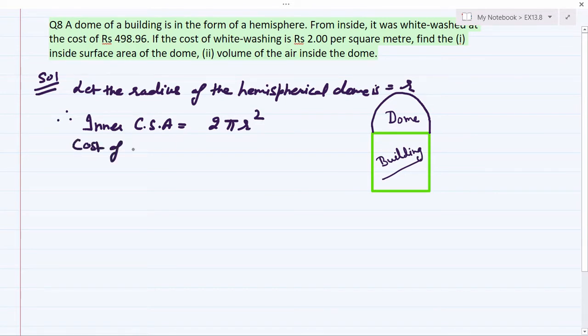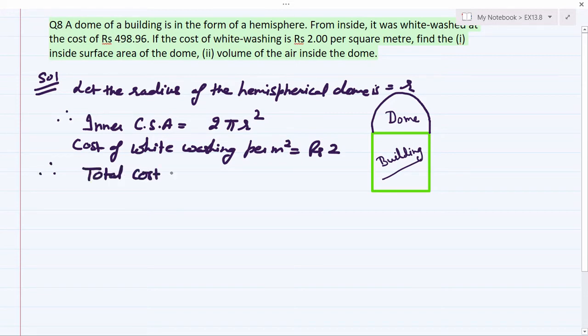Cost of whitewashing per meter square is rupees 2. Therefore total cost of whitewashing would be 2 into total area where I have to whitewash, so 2 into 2 pi r square.